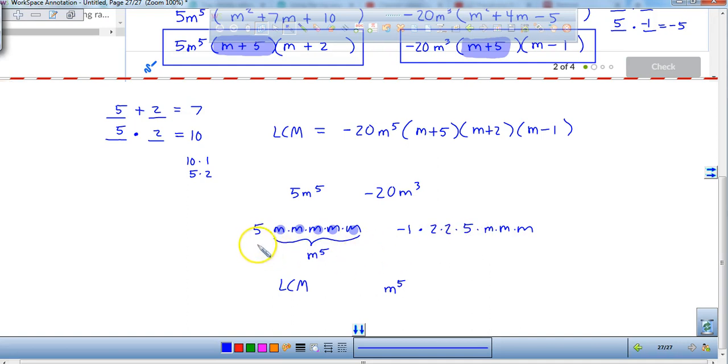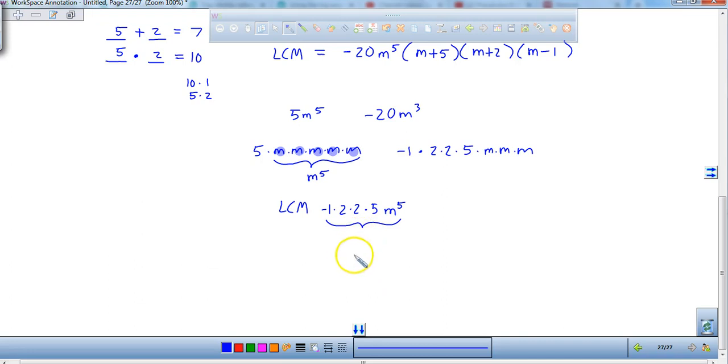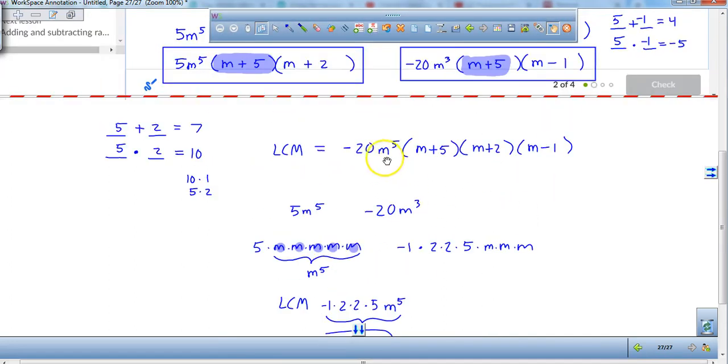So since it shares it in both, we just have to have 1, 5. But we also have to have a couple of 2's. And we also have to have a negative 1. And when you multiply all these together, you're left with negative 20 m to the power of 5. And that's why that has to be this term right up here up front.